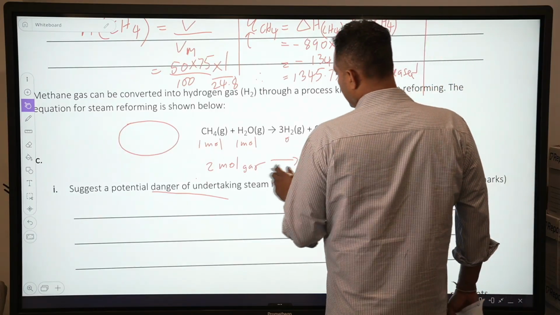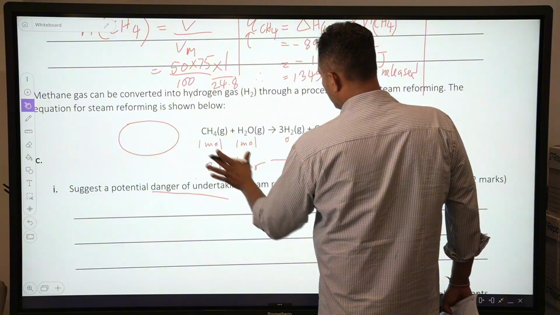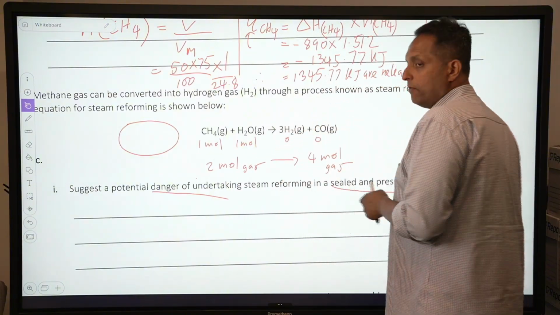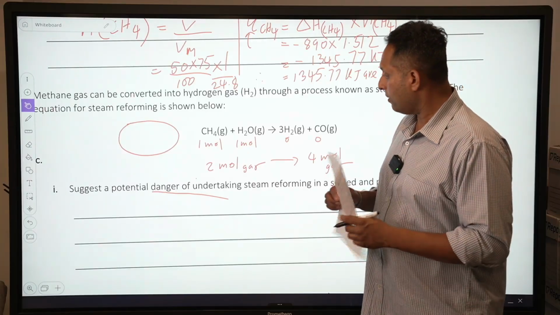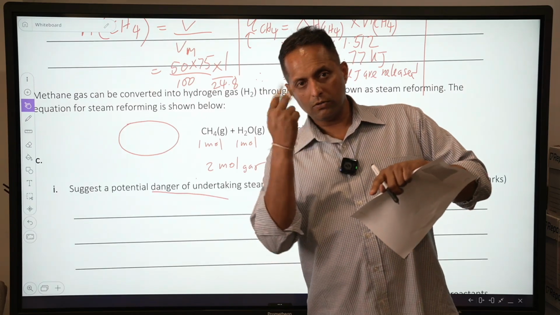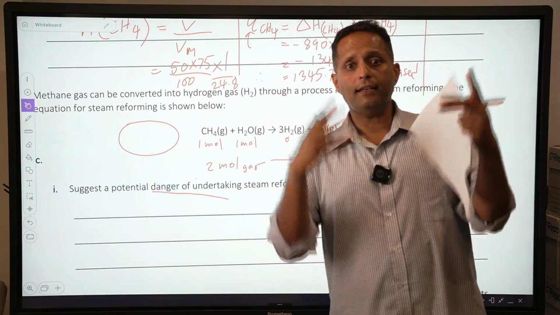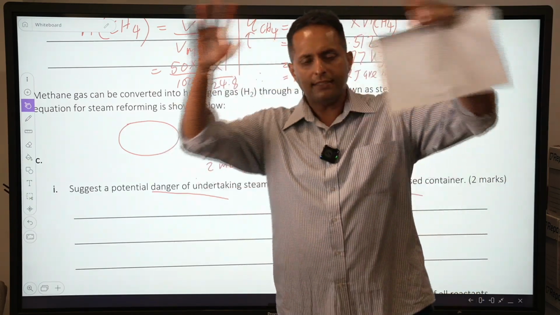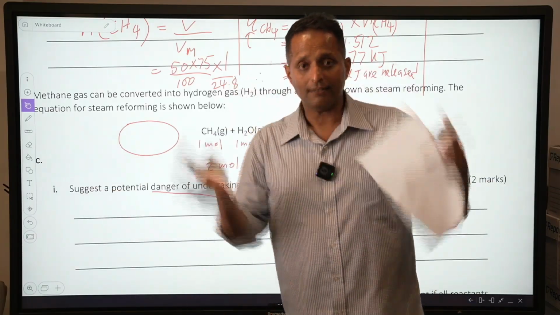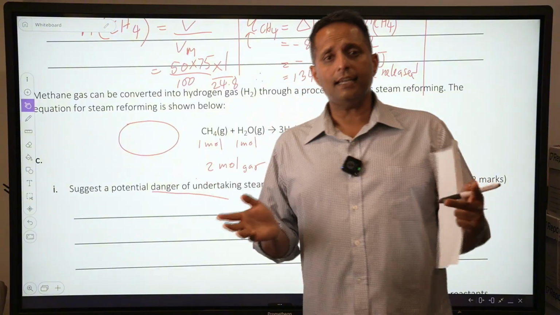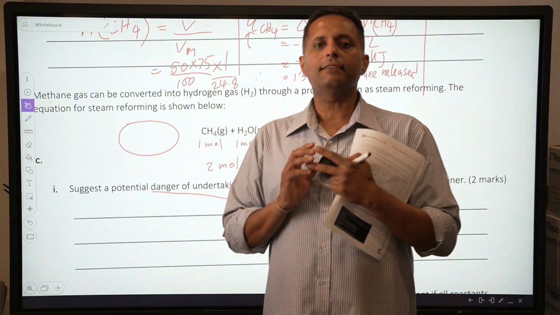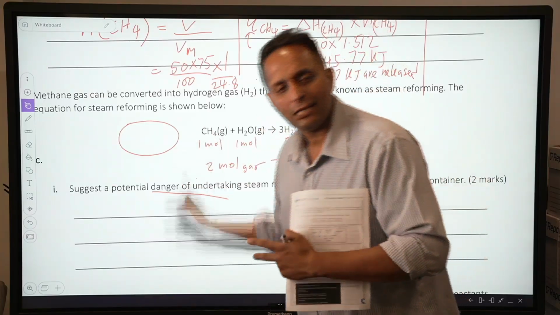You are starting with 2 moles, then you are making 3 moles of hydrogen and 1 mole of carbon monoxide. So 2 becomes 4. You are increasing the number of particles inside this sealed container.